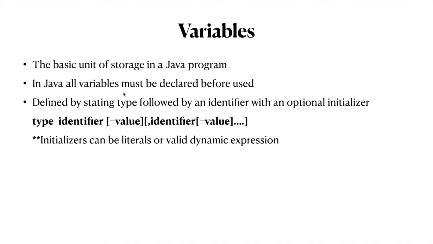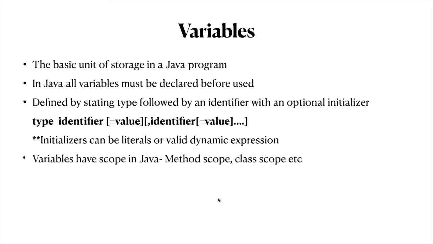Okay, so for example, if we have a variable called a, and we define a variable called b, and if we want b to be the square of a, we can assign the value of b to be a squared. So that will be a valid initializer.